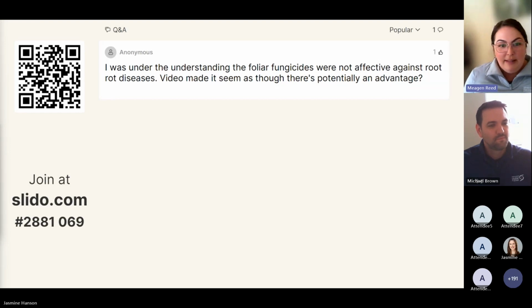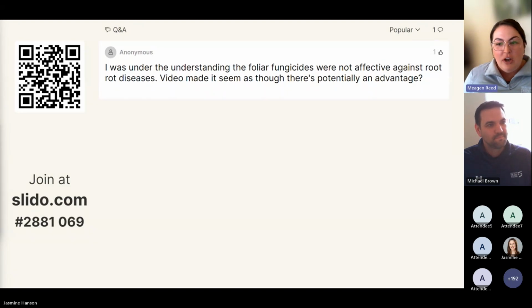Like Mike said, there's no foliar fungicide that will do anything for root rot. Absolutely none. It's a root disease. It's root pathogens. Spraying a foliar fungicide will not mitigate or stop the infection if it's already there and present.